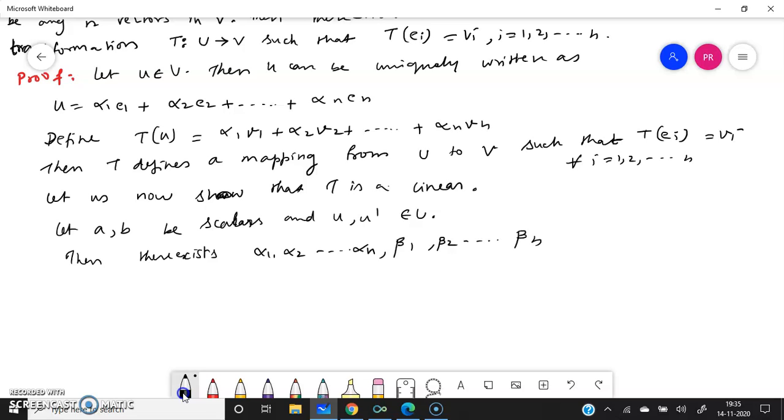Because U and U dash are two elements of U, therefore U and U dash can be written as a linear combination of E1, E2 and so on to En. Both can be written as linear combination. That's why we took n.